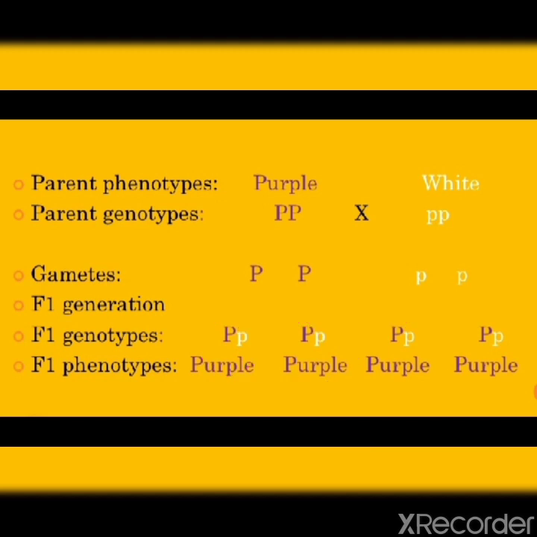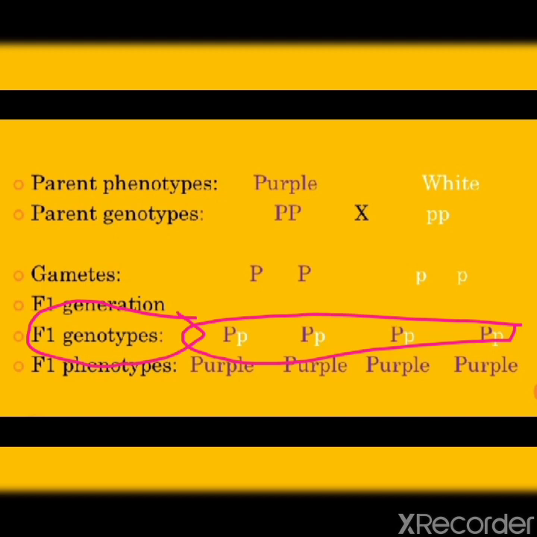Then from the other one, capital P, small p; capital P, small p. So all are capital P, small p. So the F1 genotype is capital P, small p.